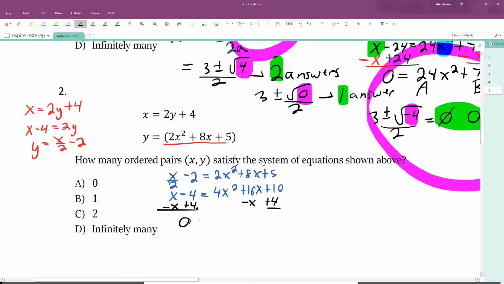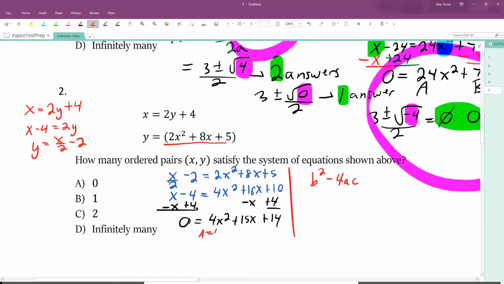So we have 0 equals 4x squared plus 15x plus 14. Now, we could find answers for this if we were asked what the answers were, but we're not. We're being asked how many answers there are. And that comes from whether the discriminant is positive, negative, or 0.